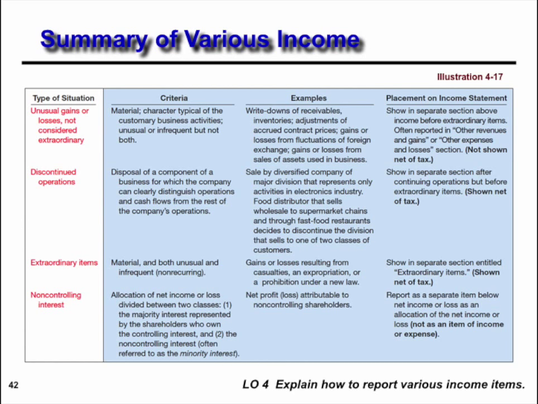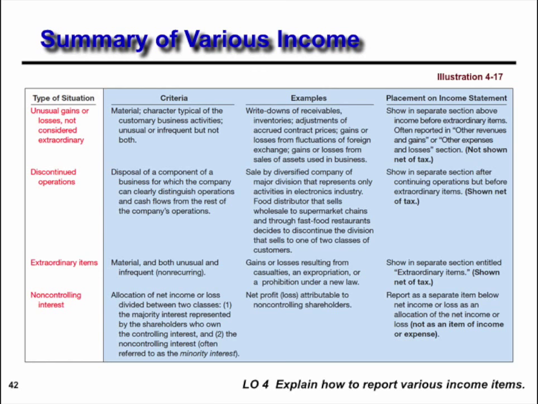Criteria: it has to be material, of a character typical of the customary business activities, and unusual or infrequent but not both. Examples are write-downs of receivables and inventories, adjustments of accrued contract prices, gains or losses from fluctuations of foreign exchange, and gains or losses from the sales of assets used in business.